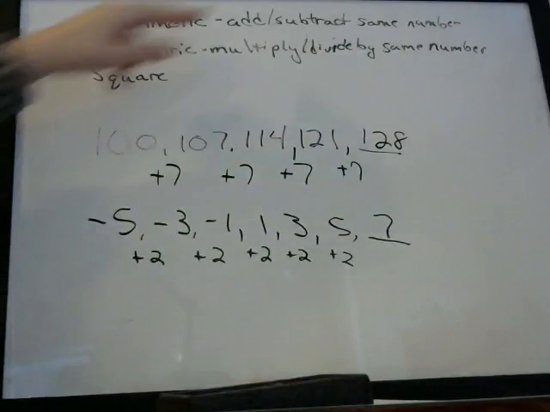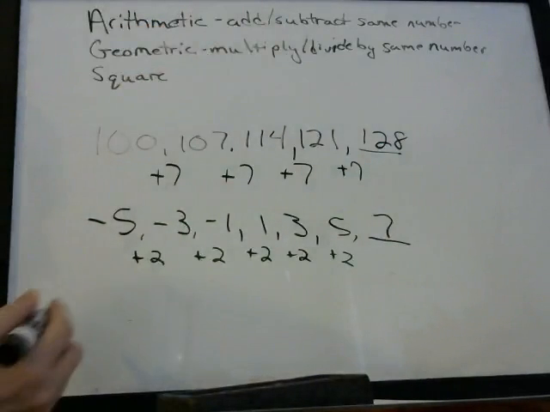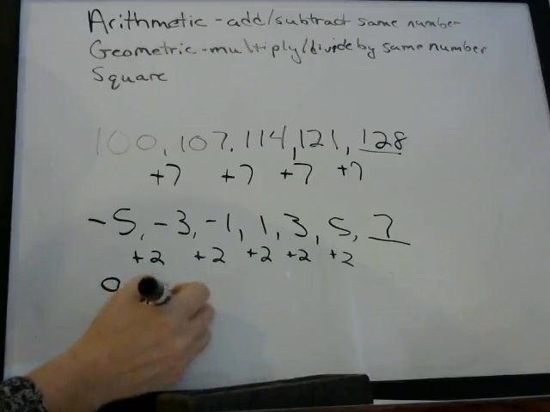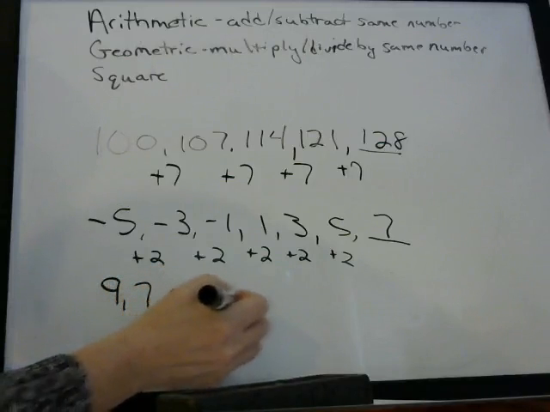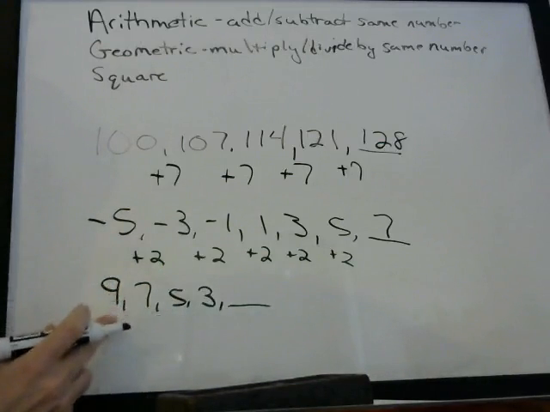Now, it can be add or subtract, or if you just want to say add, you can add a negative number. That's the same as subtracting. So let's say this is the sequence, 9, 7, 5, 3. What's the next number in the sequence? We'll first check if it's arithmetic. How did you get from 9 to 7?